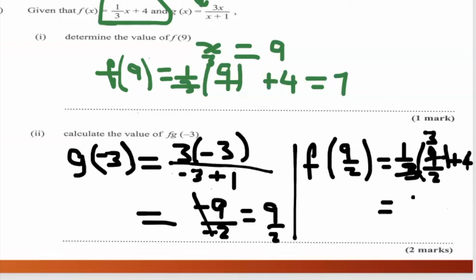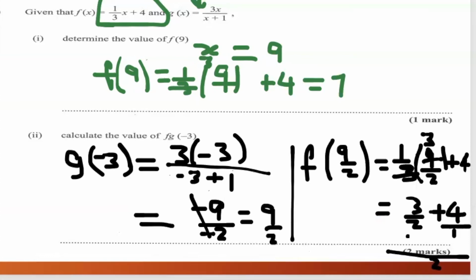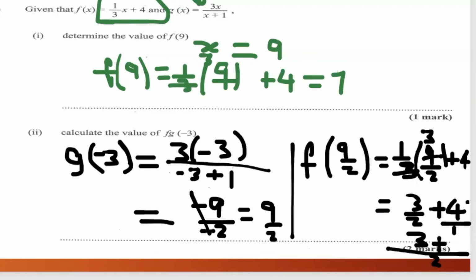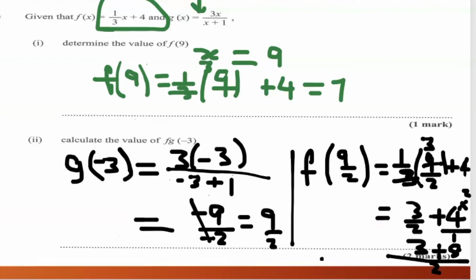So what I have here is 3/2 plus 4, and I can find the LCM, put this over 1. So the LCM for this is 2. 2 into 2 goes 1 time, 1 times 3, that's 3. And 1 into 2 goes 2 times, 2 times 4, that's 8. So 3 plus 8, that's 11. So the answer for this is 11/2.